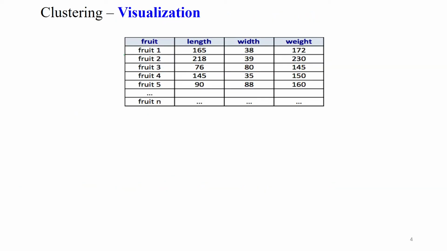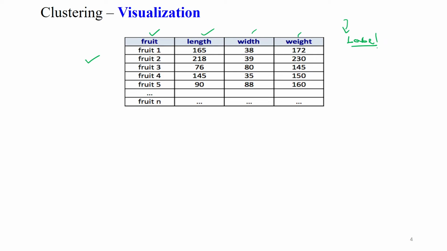Here an example is given with data points which have the features fruit id, length, width, and weight of that fruit. Here you look at that in unsupervised learning, we will not have the label. The label column will not be available. It will be available only in the supervised machine learning algorithm.